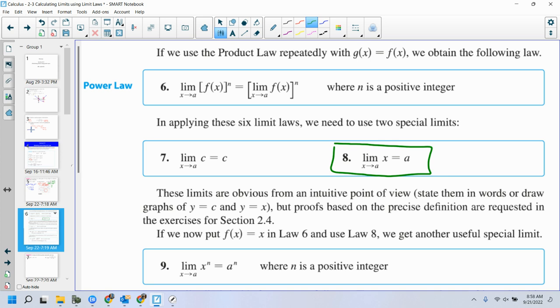But 7 can't be understated either. The limit as x goes to a of any constant. Now think about that graphically. If you want to graph a constant, it's just a horizontal line, right? What if I take x to be 1? What's the value of the function? The constant. What about 2?